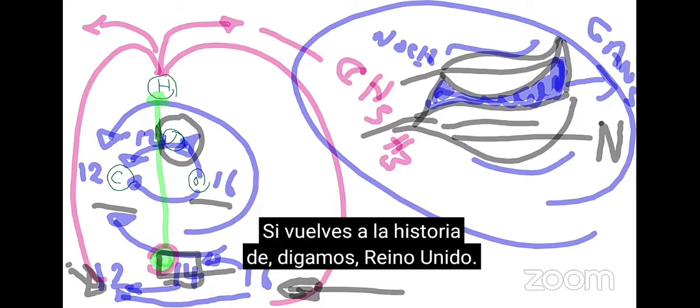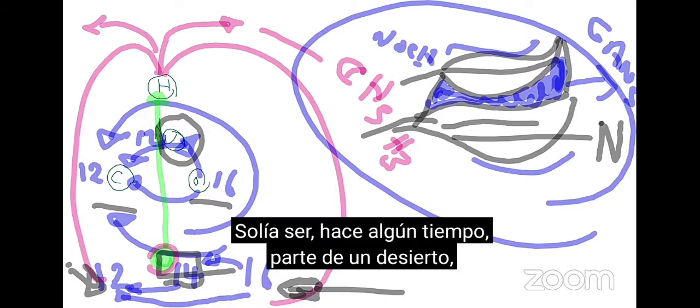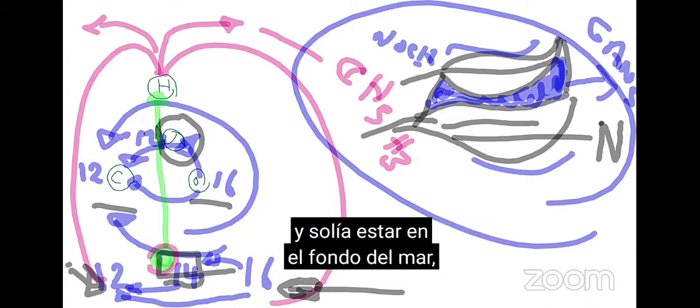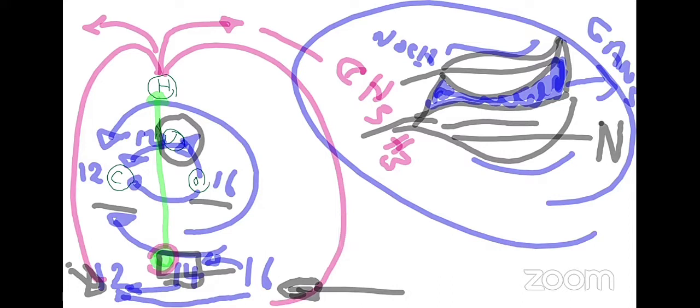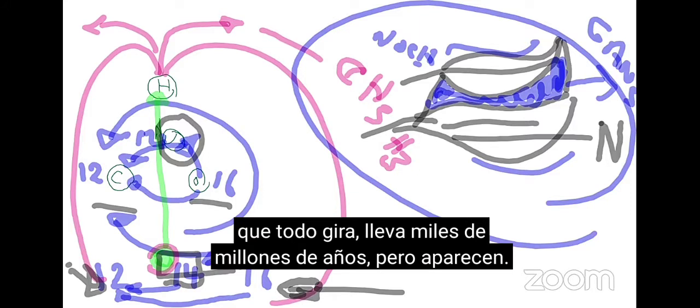If you go back to the history of, let's say, the United Kingdom, it used to be some time ago part of a desert, and it used to be at the bottom of the sea in another time, through the angle of the rotation of the planet, which everything rotates. It takes billions of years, but they come up.